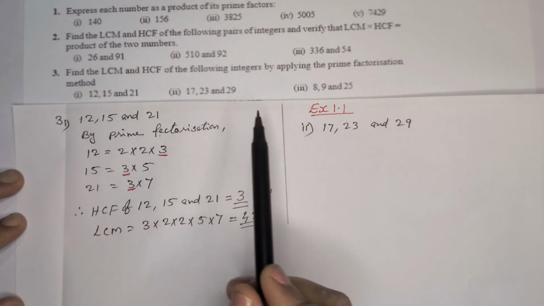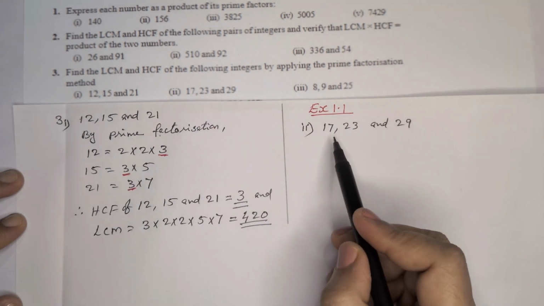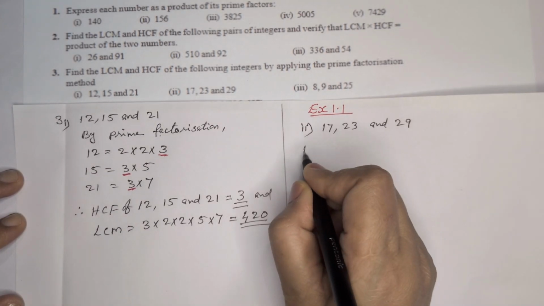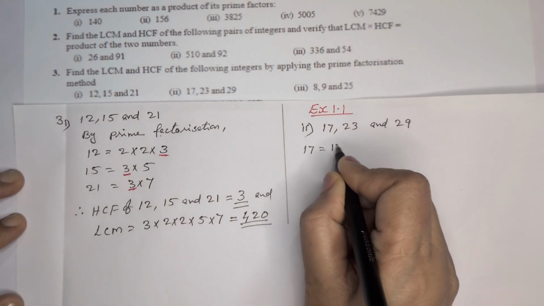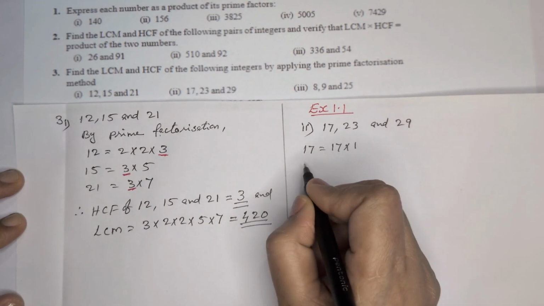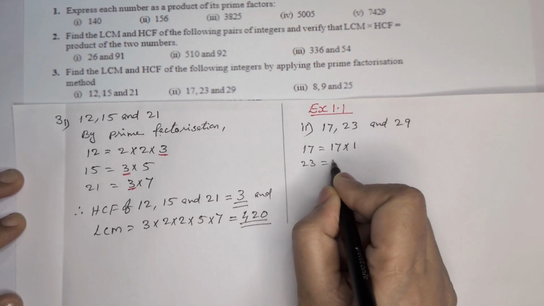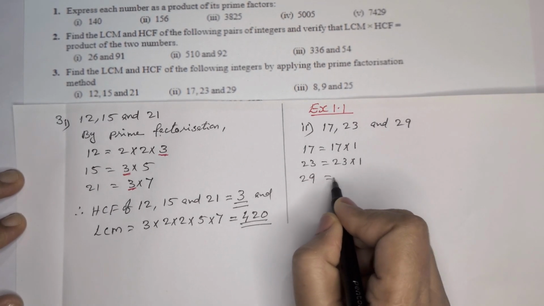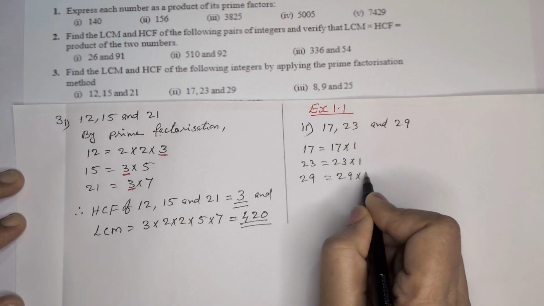Second one, 17, 23, 29. We know that all these three numbers are prime. So we can write 17 is equal to 17 into 1, 23 is equal to 23 into 1, same way 29 is equal to 29 into 1.